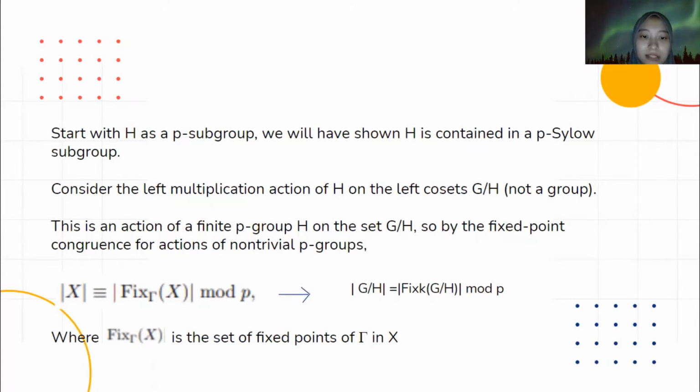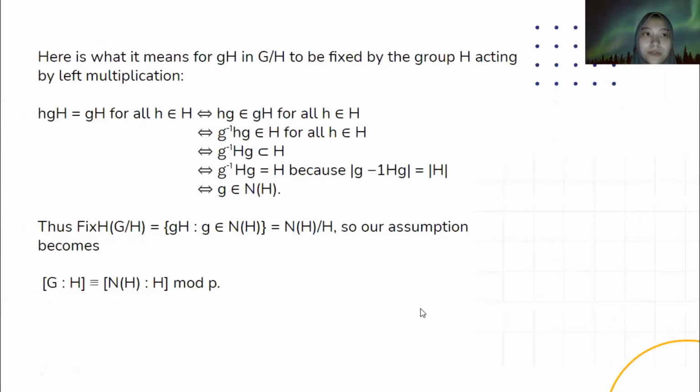This is an action of a finite P group H on the set G over H. So by the fixed point congruence, the size of X is congruent to the size of the fixed point set of gamma in X mod P, we can write it as the size of G over H is congruent to the size of the fixed set of H in G over H mod P, where the fixed set is the set of fixed points of H in G over H. So here is what it means for gH in G over H to be fixed by the group H acting by left multiplication.